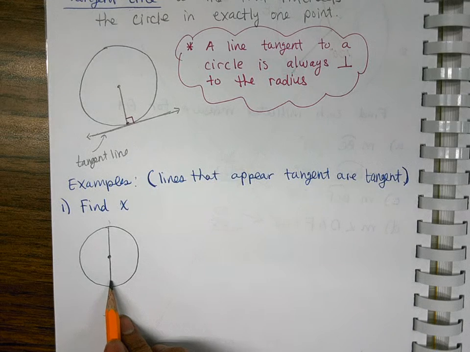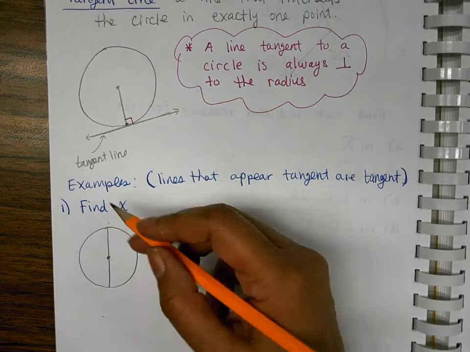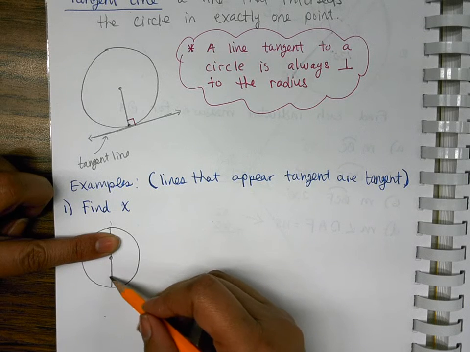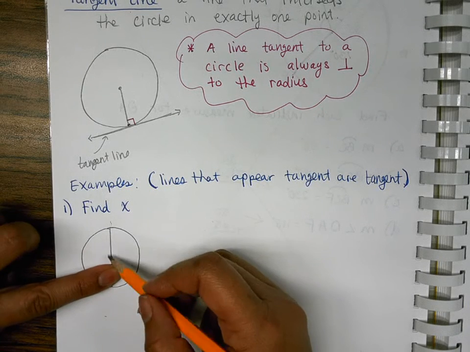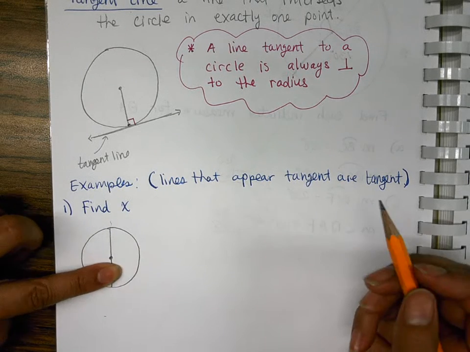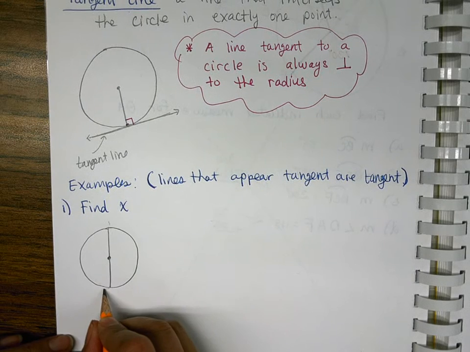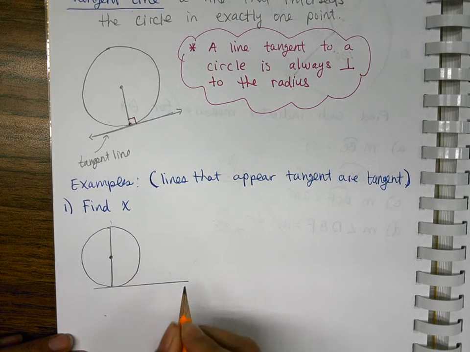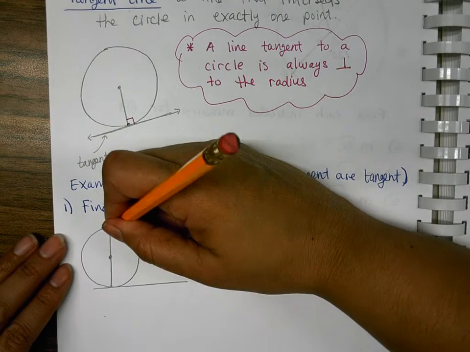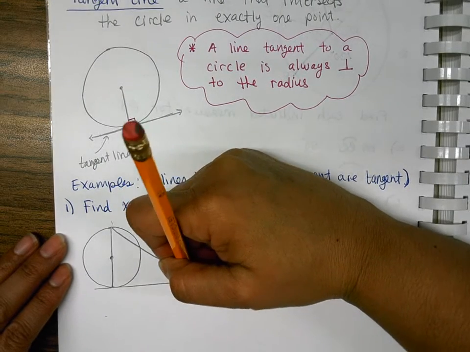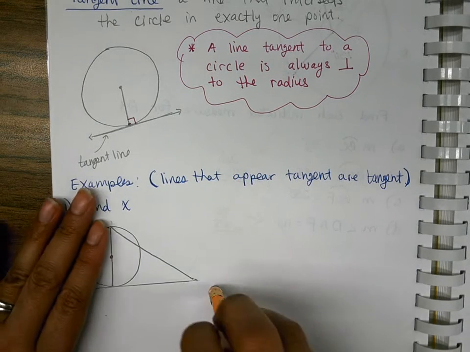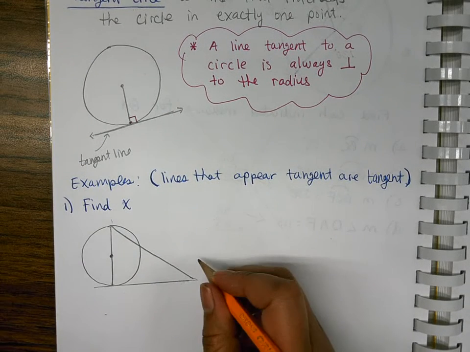All right, now I'm hoping everyone recognizes that yes, this is a diameter, but this piece right here is the radius, or that piece up there is the radius. All right, I'm going to draw a tangent line right at that point on the circle. There's my tangent line. And I'm going to connect it to this top point up here. So it looks like this.